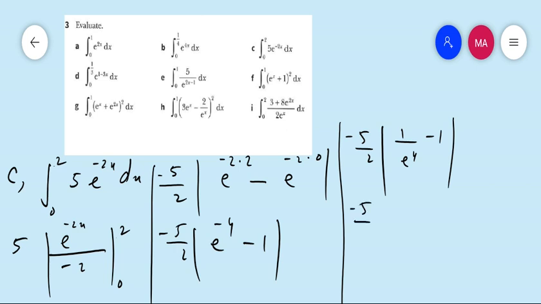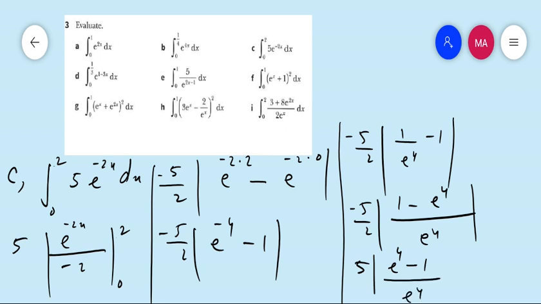Or you may write minus 5 upon 2, taking the LCM of e^4, 1 minus e^4. Or multiply the minus sign to the bracket, it will be 5 into minus e^4 becomes plus e^4, plus 1 becomes minus 1 upon 2e^4.